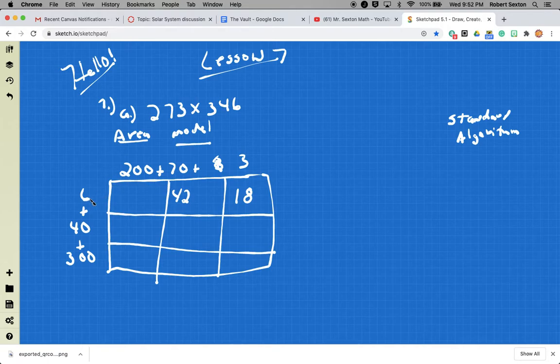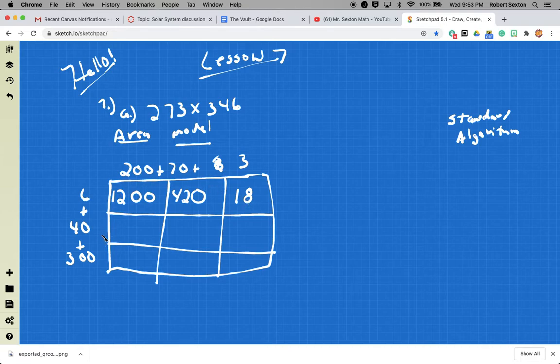But 6 ones times 7 tens is going to be 42 tens, or 420, right? 6 times 2 hundreds. 6 times 2 is 12, but 6 times 200 is going to be 12 hundreds, right? And there's my first row.